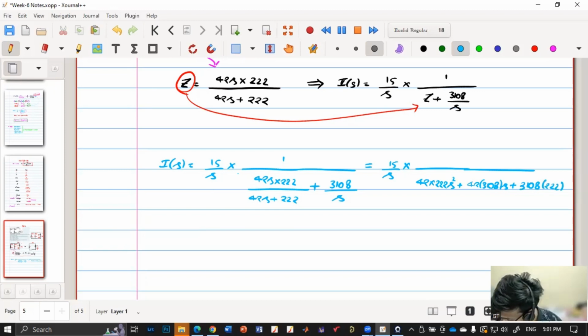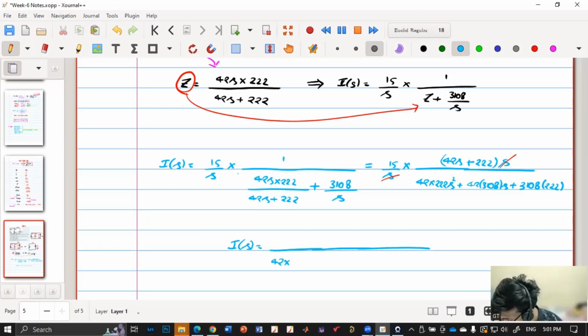In the numerator, it will be 42S plus 222 into S. And this S gets cancelled. So our final I of S is equal to this part.